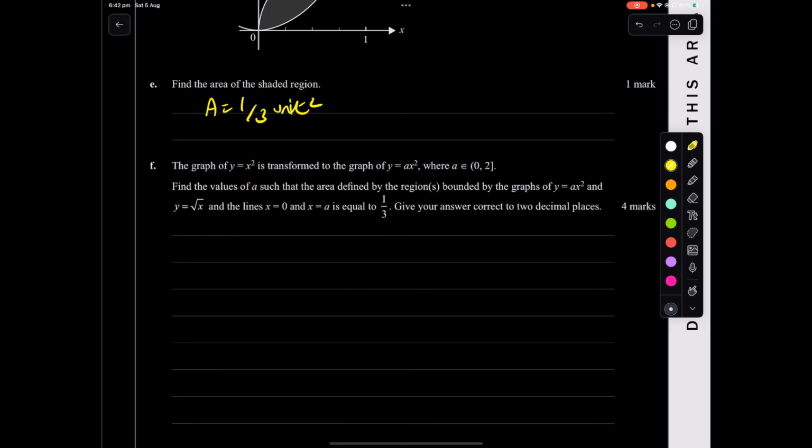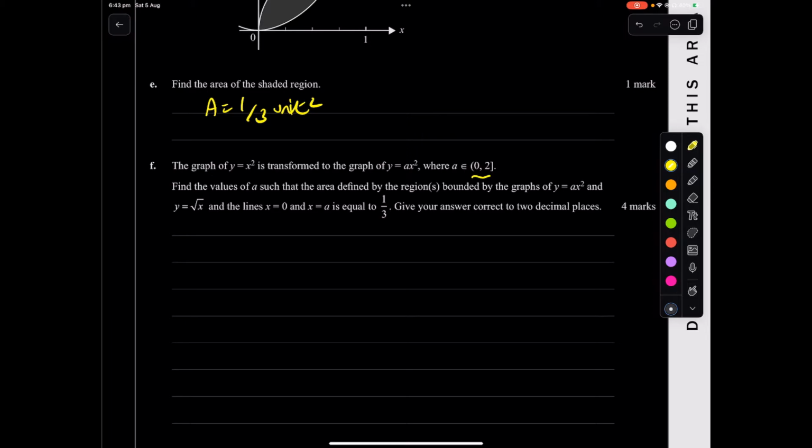Okay, the graph of y equals x squared is transformed to the graph of y equals ax squared, where a is b. So there's a dilation by a factor of some value parallel to the y-axis.